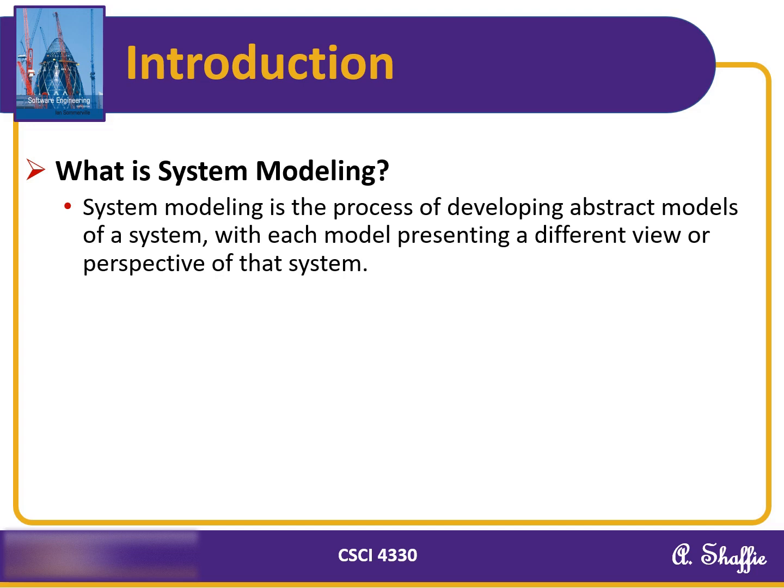Similarly, system modeling provides an abstract representation of the system, highlighting essential components and functions without detailing every part. So keep this in mind as we dive deeper into the different types of system models and how they contribute to understanding and designing complex software systems.